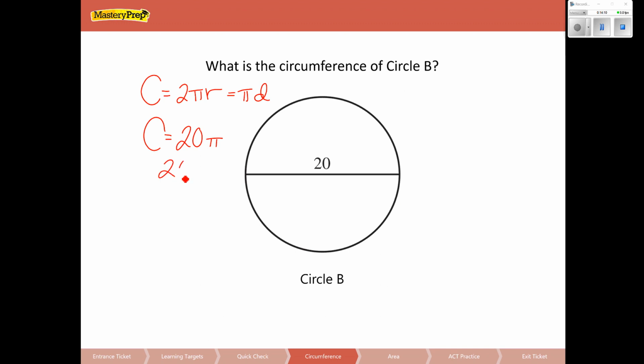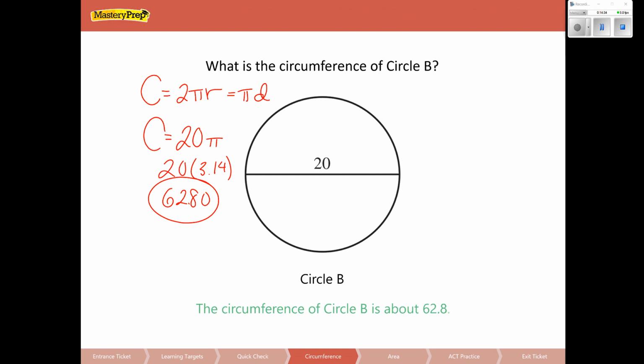And if we wanted to approximate, we can say 20 times 3.14. Because we can multiply that pretty easily. 3.14 times 2, 6.28. Move the decimal 1 unit to the right. 1 spot to the right. Questions on this here?